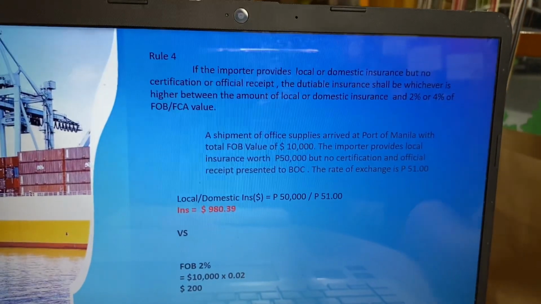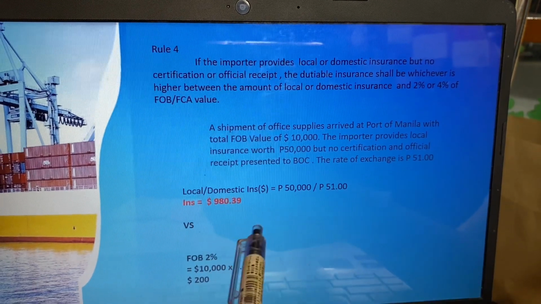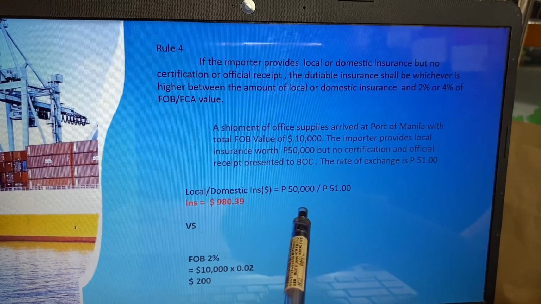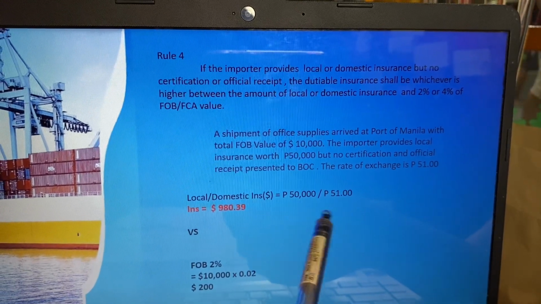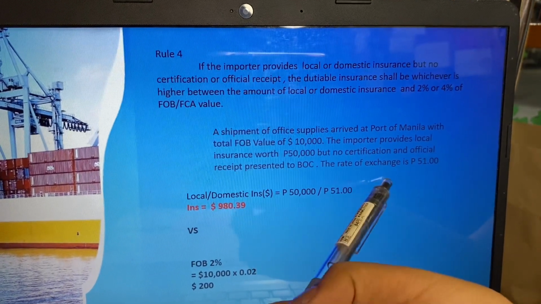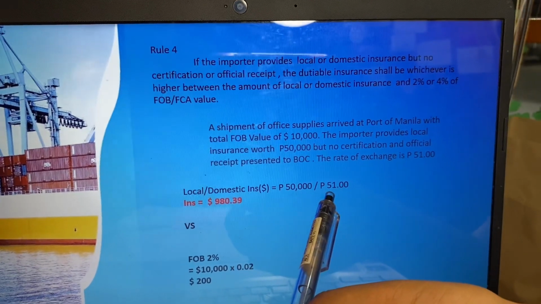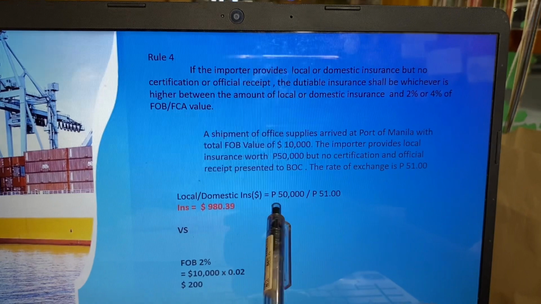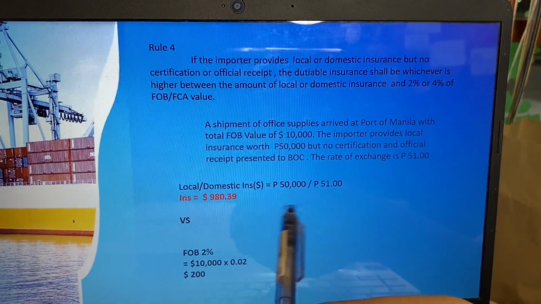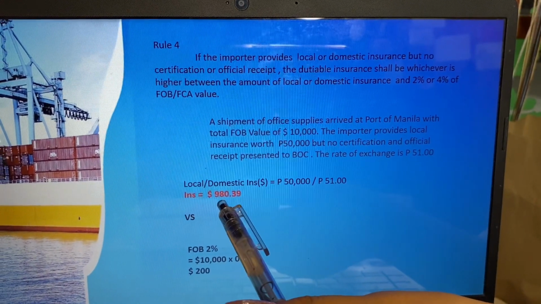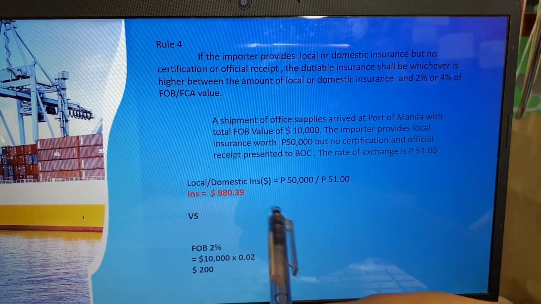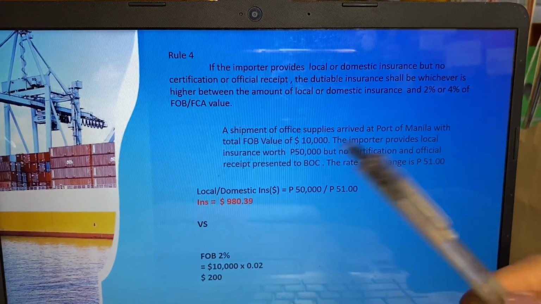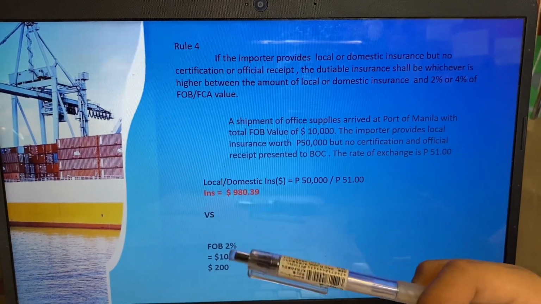Okay, so we have here a local insurance worth 50,000 peso and rate of exchange nga 51 peso. So you're going to divide 50,000 from 51. That would be $980.39 US dollar. You need to compare that one with the FOB, ang 2% or 4%.